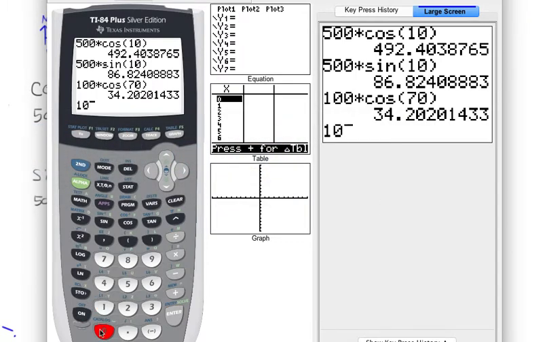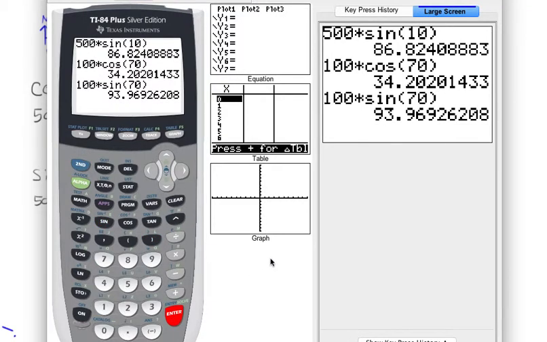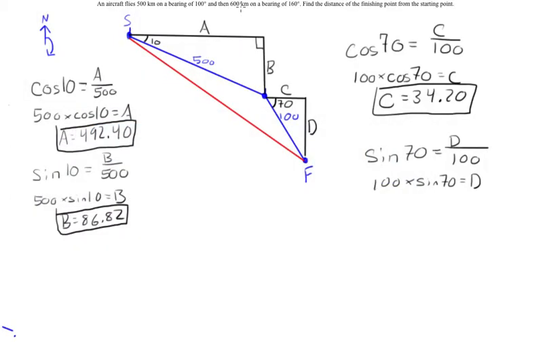So 100 times the sine of 70, 93.97, I will say. I will round that. Okay. The hard part's over, believe it or not.